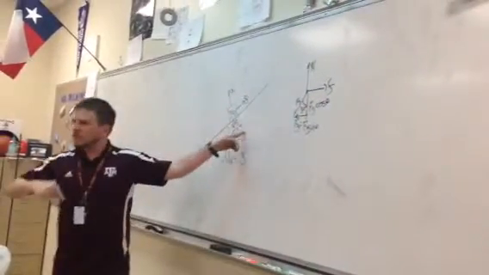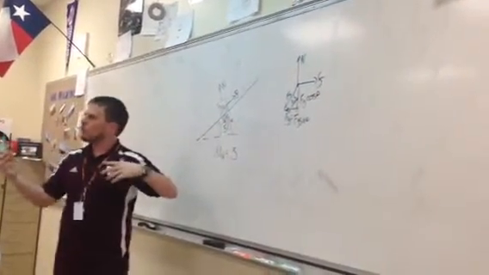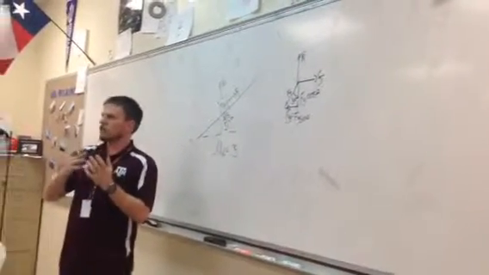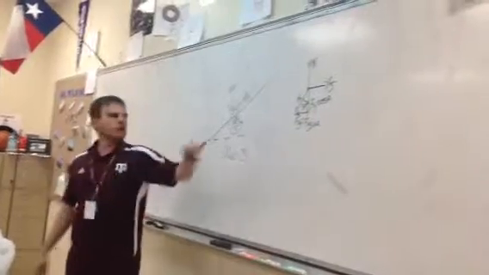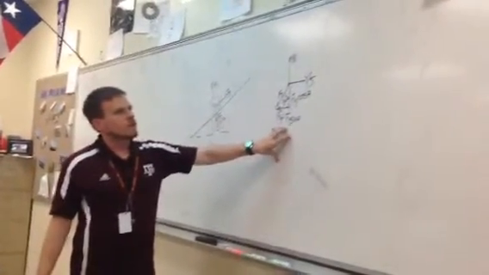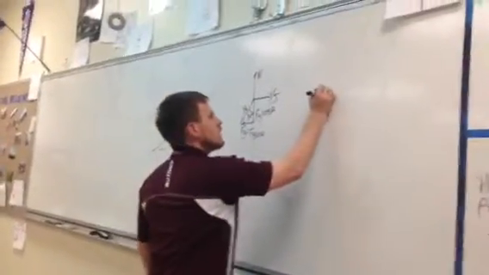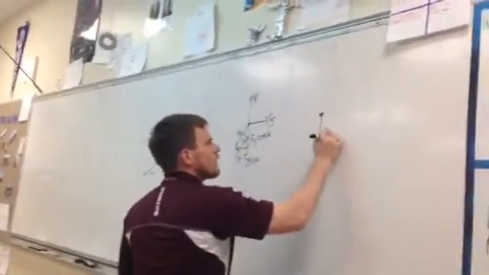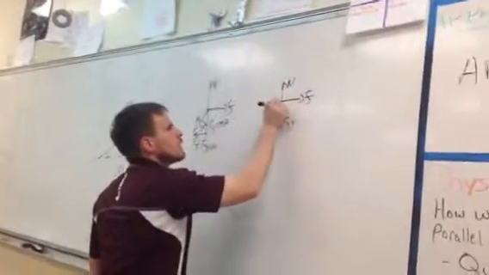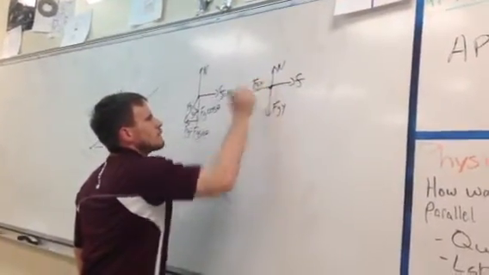So it's the opposite of the normal way we do it, because normally Fx is F cosine theta, but whenever it's like this, it's the opposite. Okay, so now I'm going to redraw it again. We have force of gravity in the y, normal force, friction, force of gravity in the x.